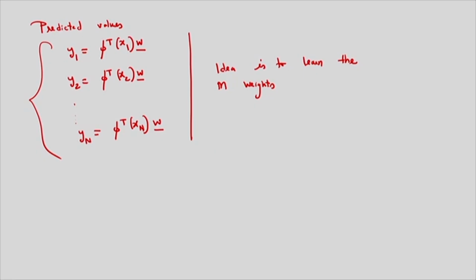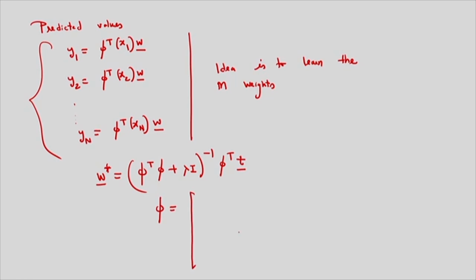So we can derive a similar expression like this. What is the optimum value of w? The optimum value of w is nothing but (phi transpose phi plus lambda I) to the power minus 1 phi transpose t. So we can write like this: what is phi? That is the matrix corresponding to this basis function.